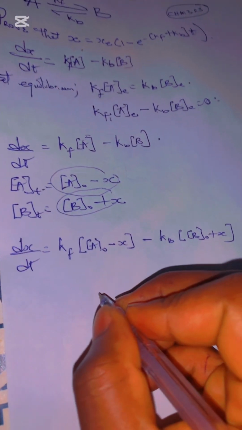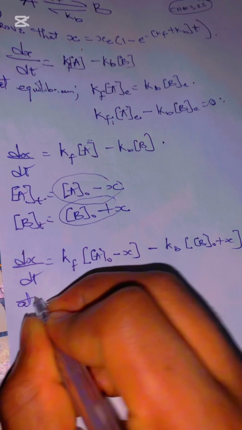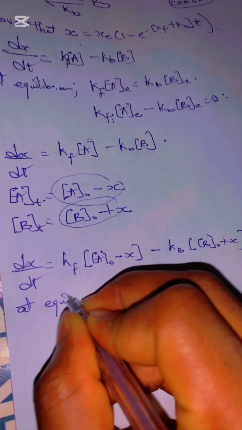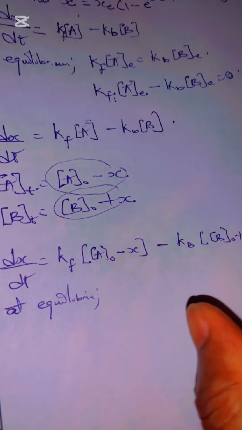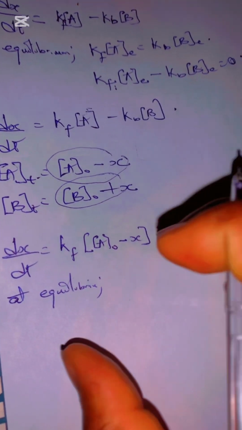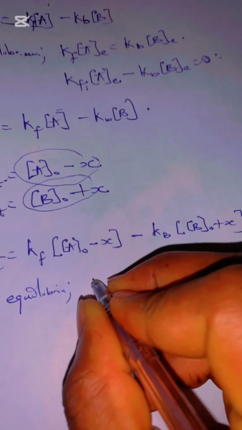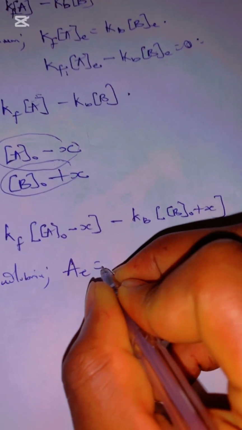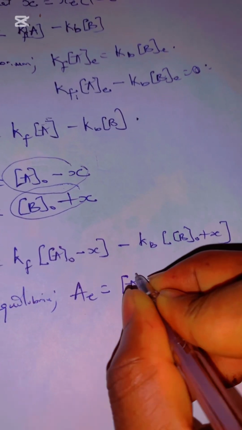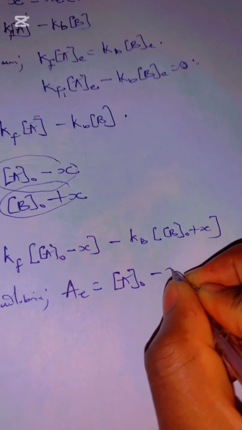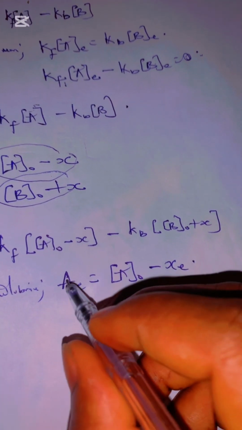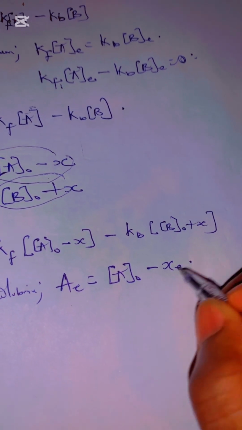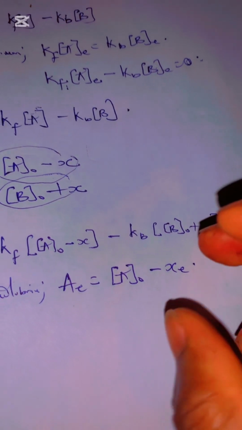Very good. Now, at equilibrium, we have the concentration of A at equilibrium and the concentration of B at equilibrium. How do we get the concentration of A at equilibrium? It will be equal to A naught minus Xe, because to get the amount of A at equilibrium, we minus the amount of A that is removed.